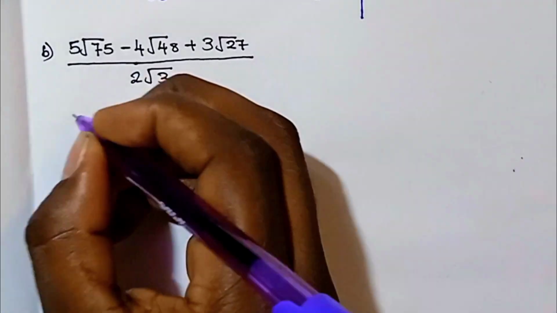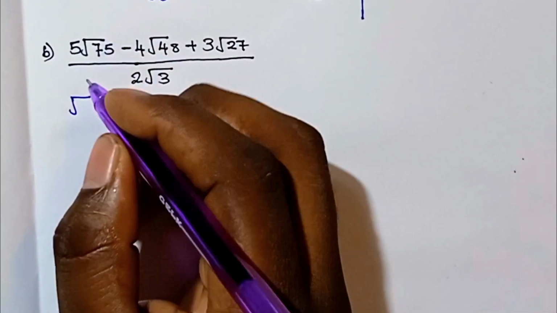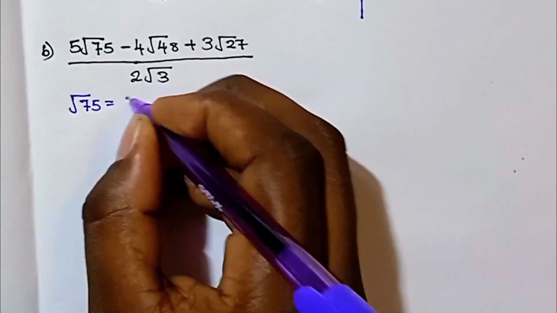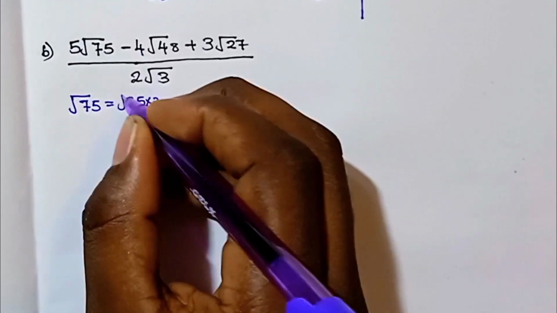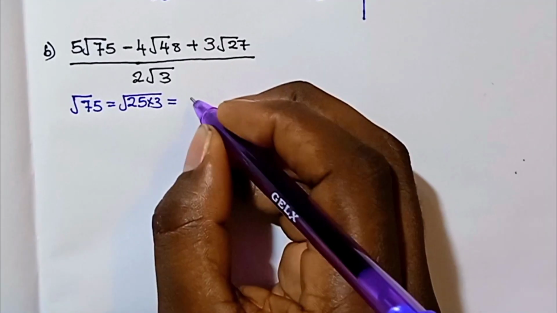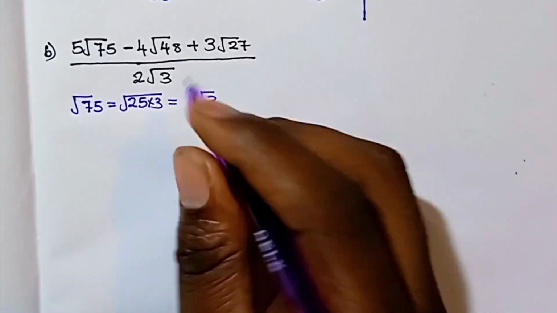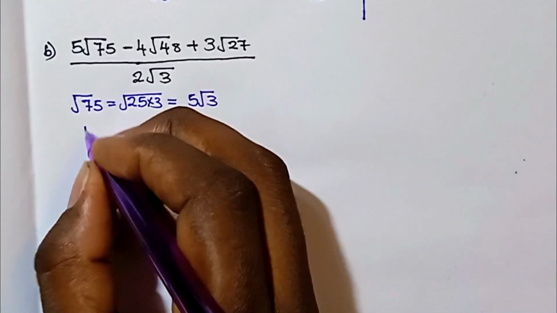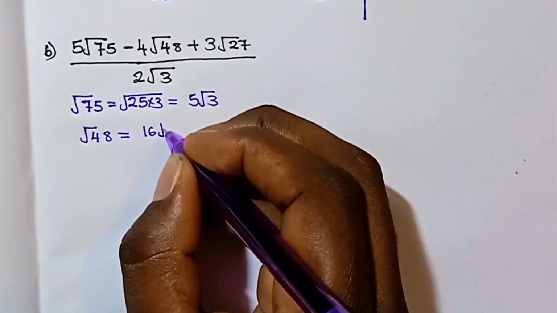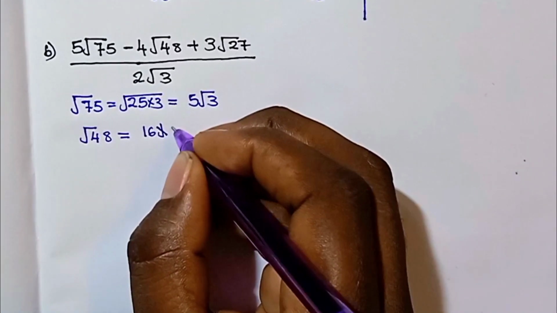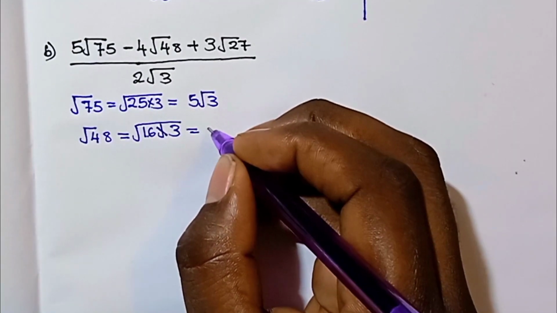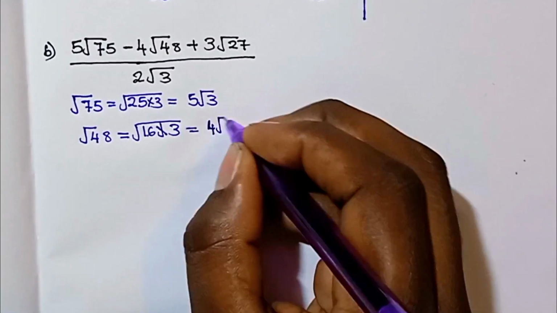So root 75 is the same as 25 times 3, and the square root of 25 is 5, so we are going to write 5 root 3. Root 48 is equal to the square root of 16 times 3. The square root of 16 is 4, so we're going to rewrite it as 4 root 3.